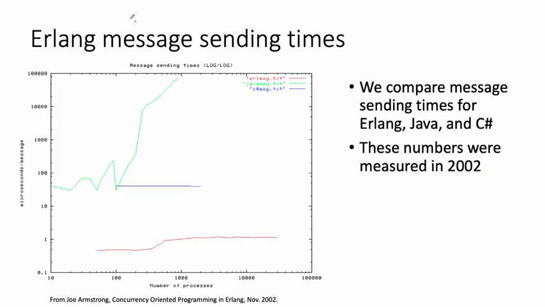The second thing is message sending, when you send a message from one process to another. So assume now that in Java or C# you would have 2 threads implementing active objects sending messages. The message sending time is several tens to thousands of microseconds per message.